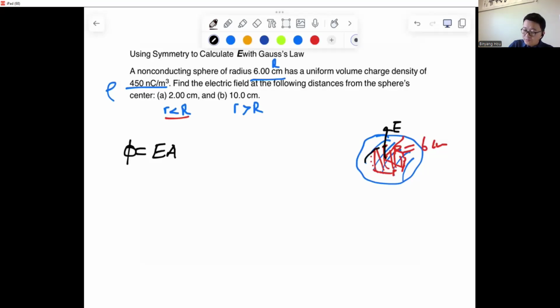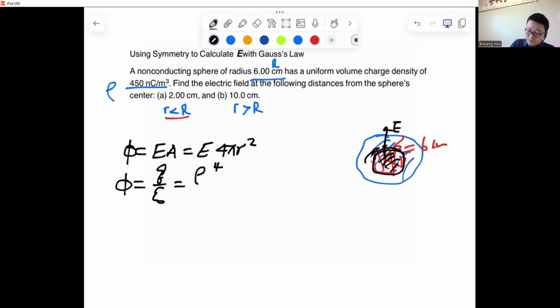So it should be E times 4 pi r squared. Now according to Gauss's law, that's equal to Q enclosed over epsilon naught, where Q is just rho times the volume of this small Gaussian sphere, 4 over 3 pi r cubed, divided by epsilon naught. So these two should equal each other.